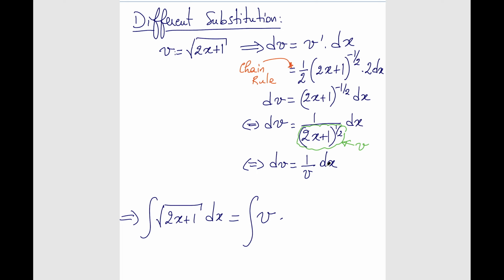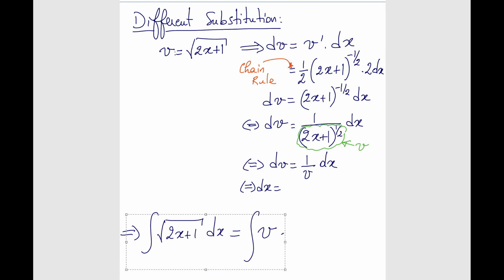Okay, and so what is dx then? Solve for dx. dx is v dv, multiplying by v, right? If 1 over v dx is dv, then dv times v is dx.